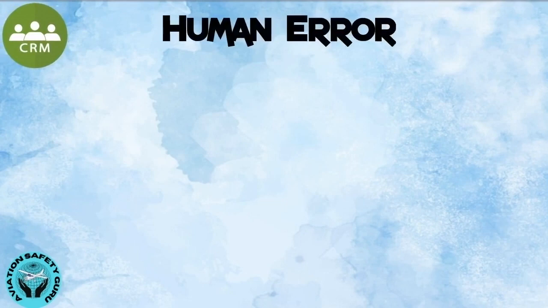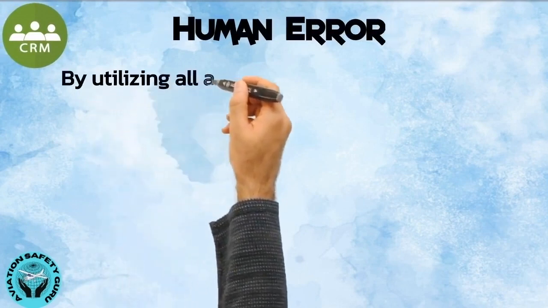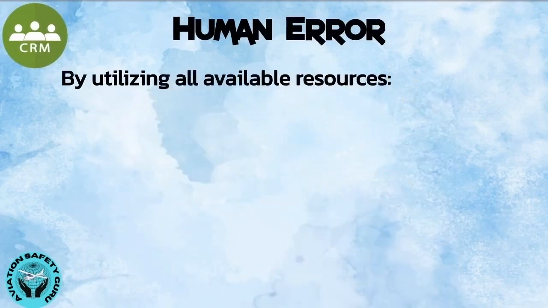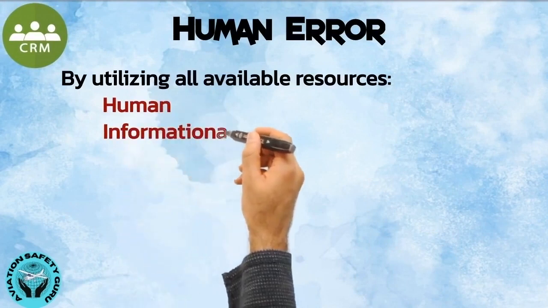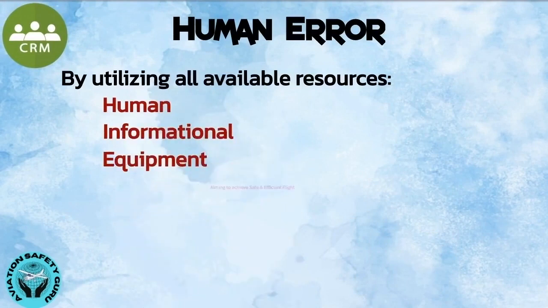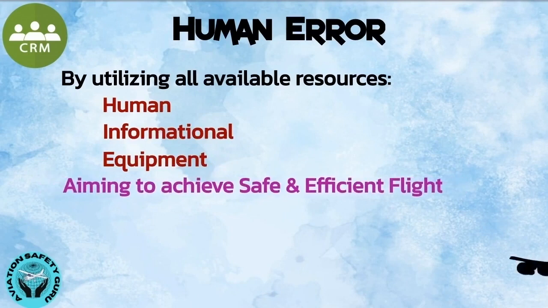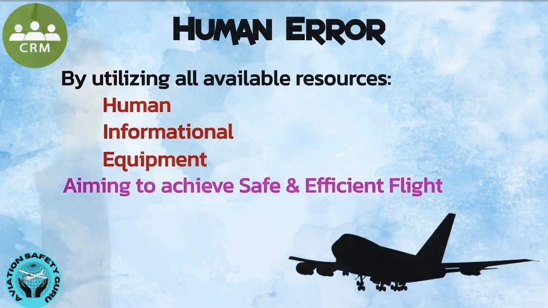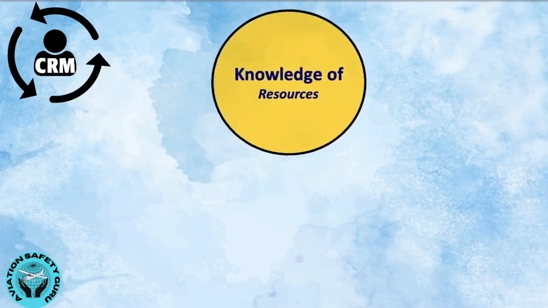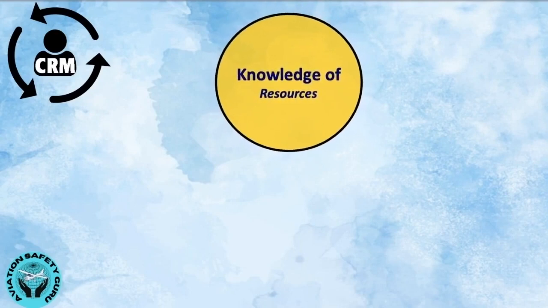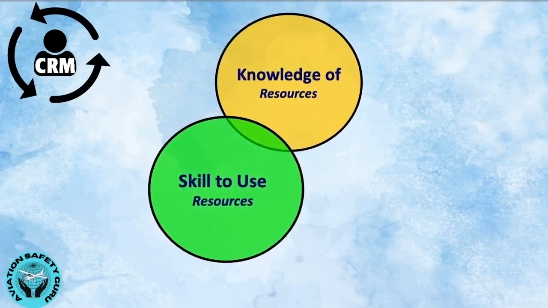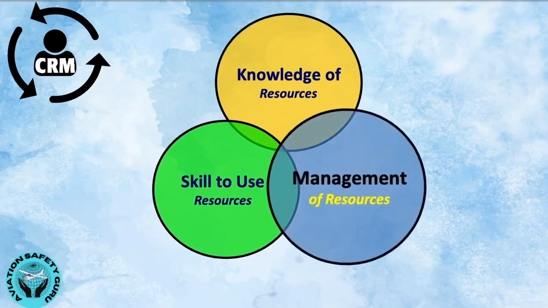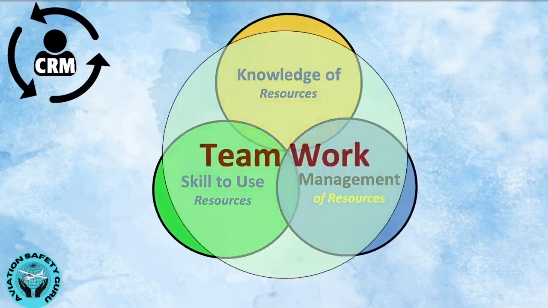CRM was developed as a methodology to reduce human error by utilizing all available resources, such as human, informational, and equipment, aiming to achieve safe and efficient flight. CRM process involves knowledge of resources available to the crew, skill to use those resources, and management of those resources.